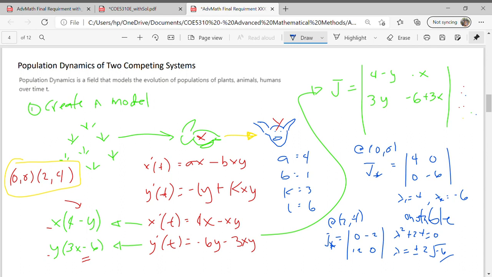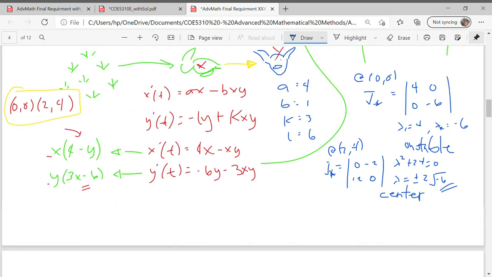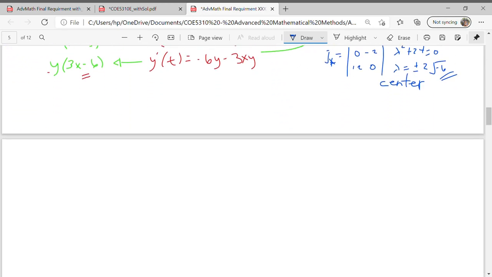So from here, we have positive and negative imaginary numbers, so we can say that this is a center, meaning our phase portrait would be a circling one.